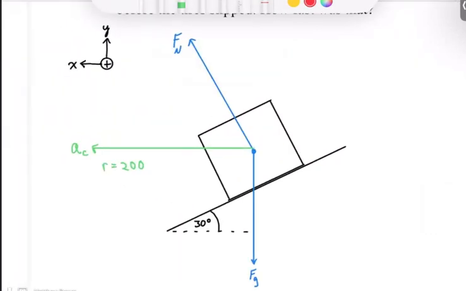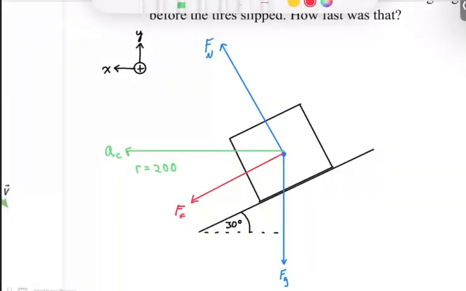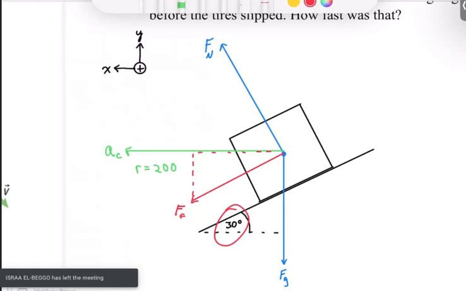Let's see if I can sketch this. Because we've defined x and y to be the way they have, I actually should resolve this, or look at it, and break this up into its components. Now, if this is going to be 30, then that means I should have the same angle inside here.